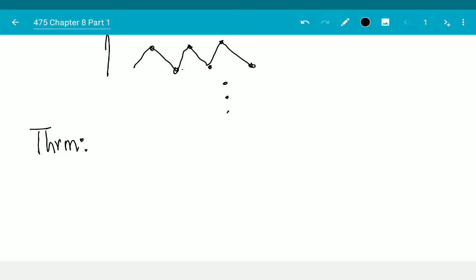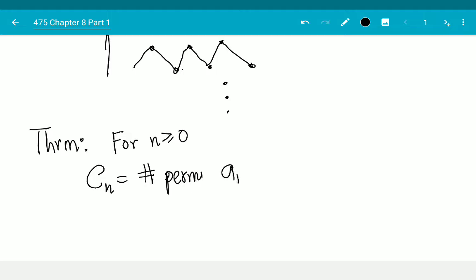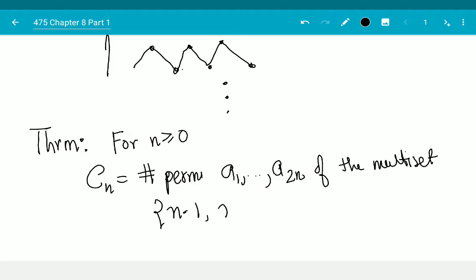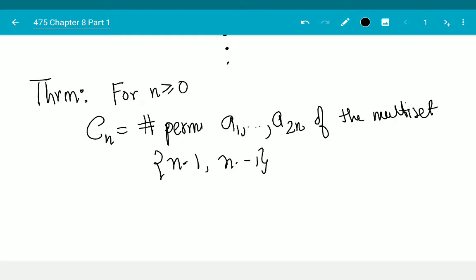We have that C_n for n greater than or equal to 0 is equal to the number of permutations a_1 to a_2n of the multiset n times 1, n times -1, such that each partial sum is non-negative.